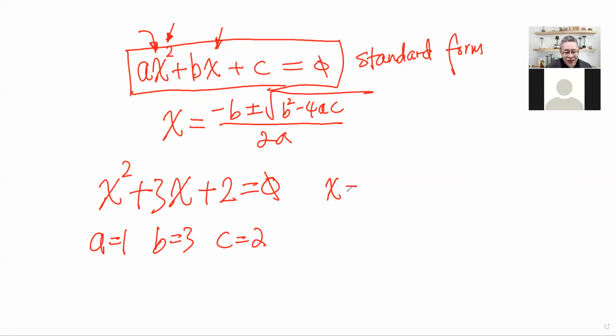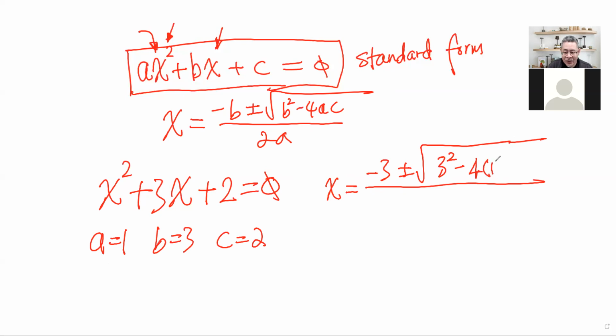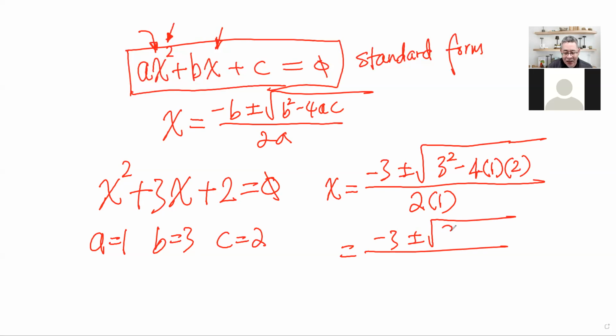We got x equal to minus b, minus 3, plus minus the square root of b squared, which is 3 squared, minus 4ac, where a is 1 and c is 2, over 2a, which is 2. So we got negative 3 plus minus the square root of 9 minus 8 over 2. 9 minus 8 is 1, so negative 3 plus minus 1 over 2.